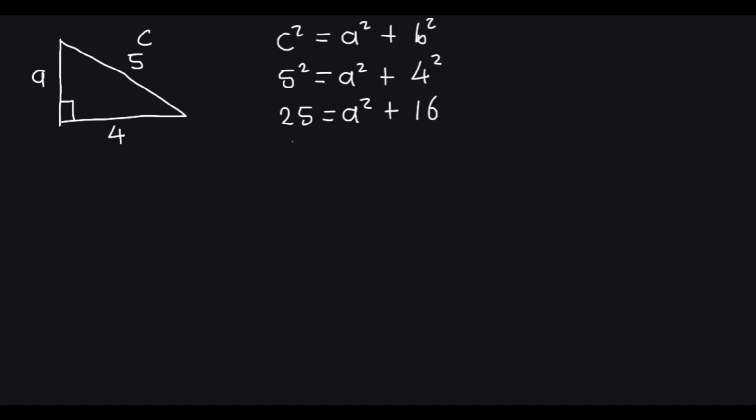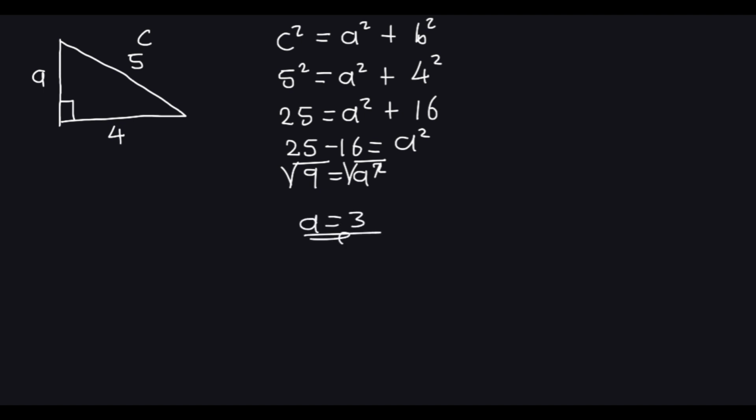So if we collect the like terms, it will be 25 minus 16 is equal to A squared. So 25 minus 16 is 9 is equal to A squared. So if we now find the square root of 9, A is equal to 3.